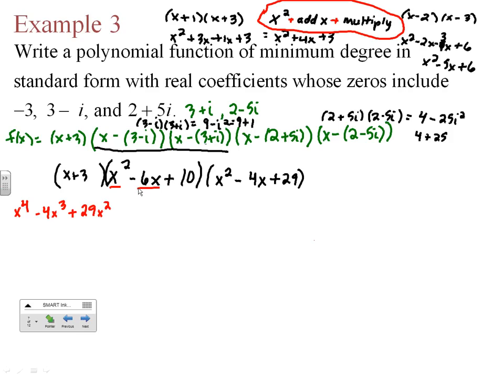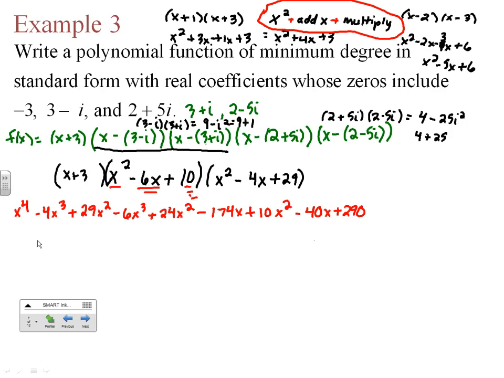Now I'm going to do the negative 6, so that's negative 6x cubed plus 24x squared. 29 times 6, well, it'll be negative 174x, and then I'm ready for the 10. So plus 10x squared minus 40x plus 290.